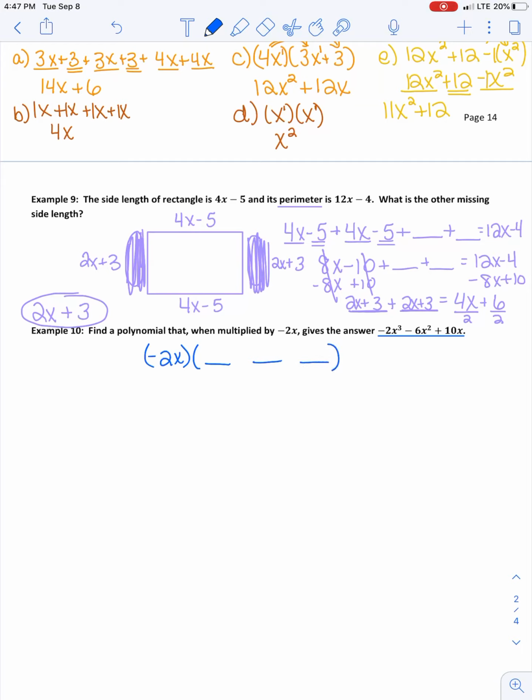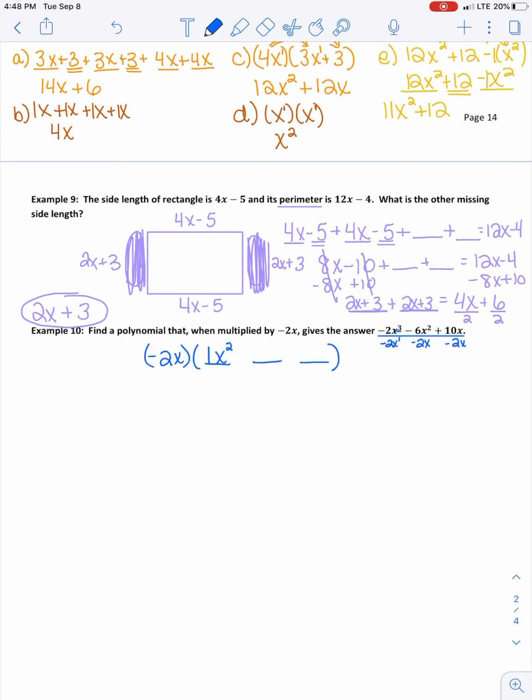Okay, and basically I'm going to divide each of these by -2x. And hopefully you remember your exponent rules from Algebra 1. Because if I do -2 divided by -2, I get 1. Okay, so I have 1 here. And whenever you divide your exponents, you take the 3 minus the 1, which gives you x to the second. Okay, that's whenever you're dividing exponents, you subtract your exponents.